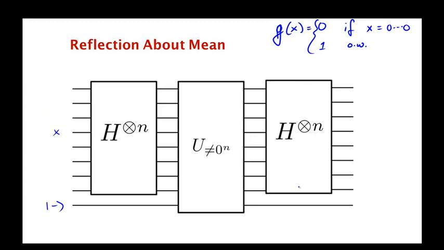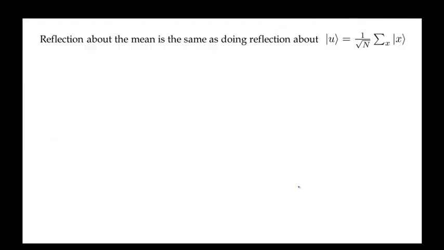Okay, so why does this work? Here's why it works. Let's try to understand it. Doing a reflection about the mean is the same as, intuitively, doing a reflection about this uniform superposition over all x.